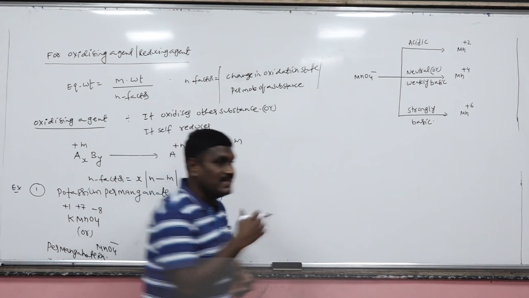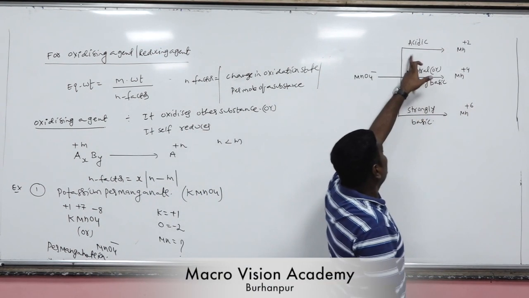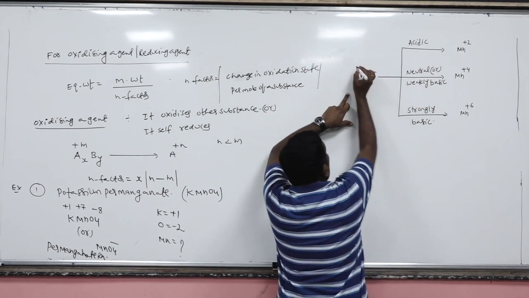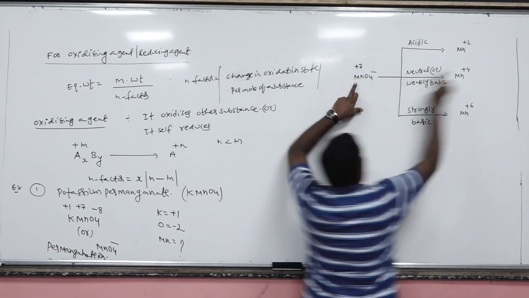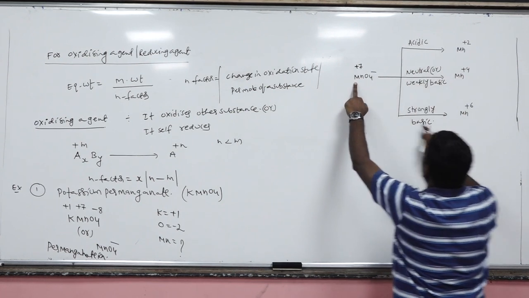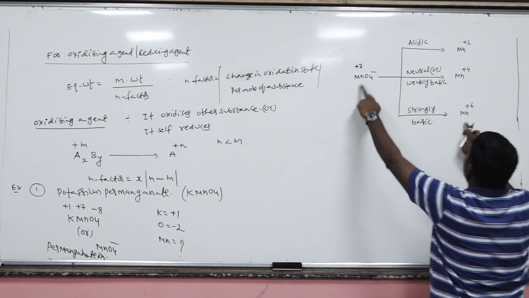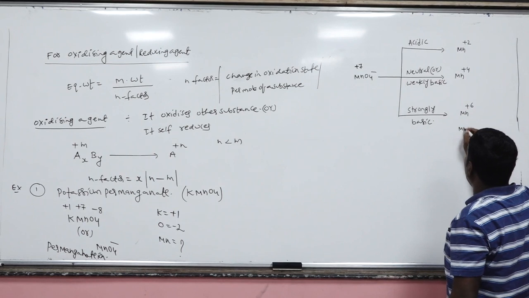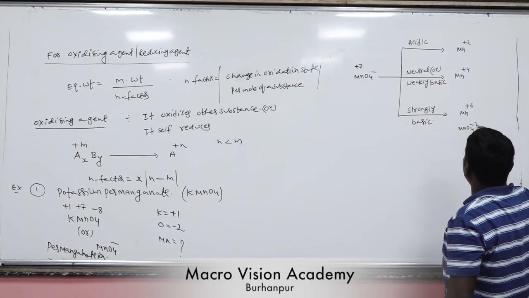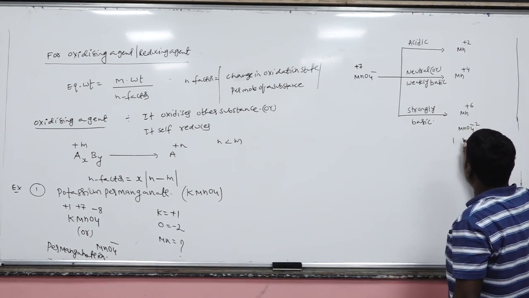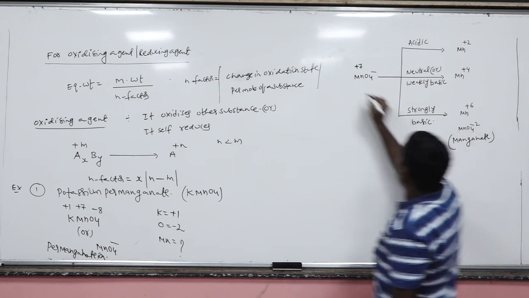If it is not mentioned, we have to identify: in acidic medium the manganese oxidation number changes from plus 7 to plus 2. In strongly basic medium, plus 7 to plus 6. This plus 6 will be MnO4 2 minus. This is called manganate. This is permanganate.